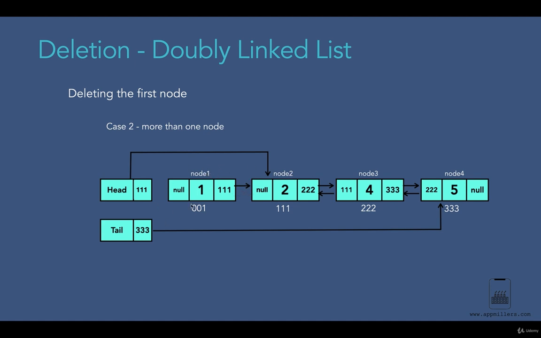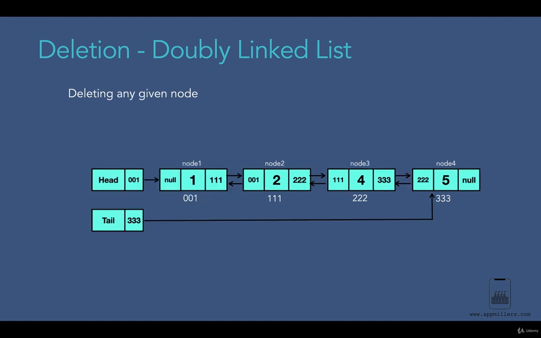Here we see that node 1 is not referenced by any node, so this means that the garbage collector can come and delete this node from the memory. Now with this, we have successfully deleted an element from the beginning of the double linked list in which we have more than one node, and here the second node becomes the first node after deletion of node 1.